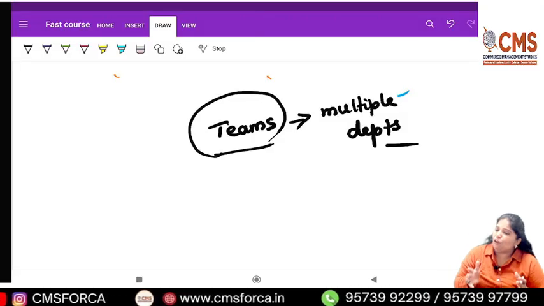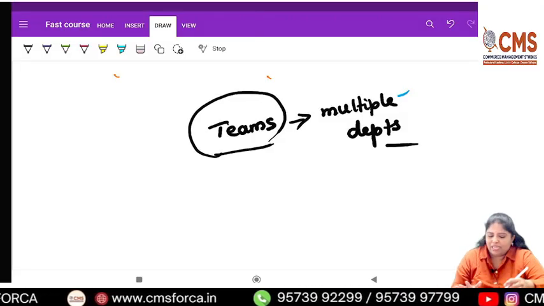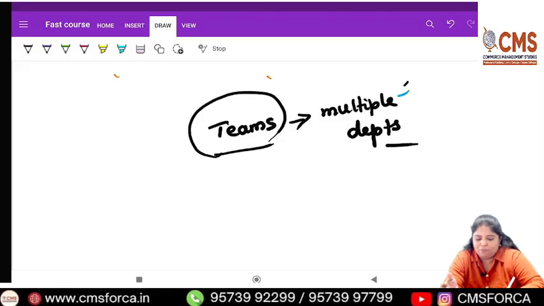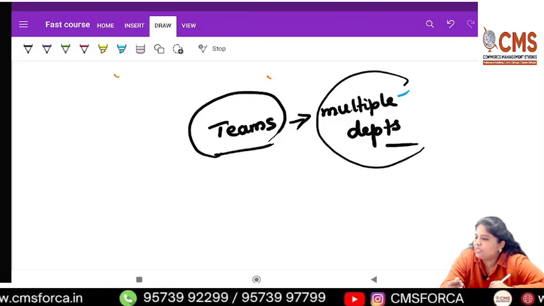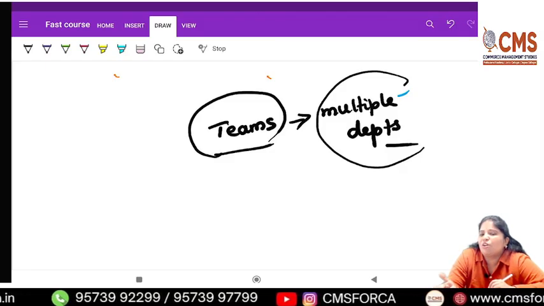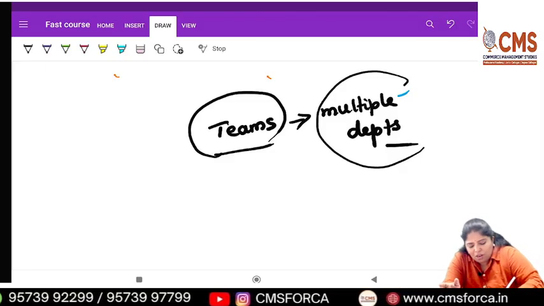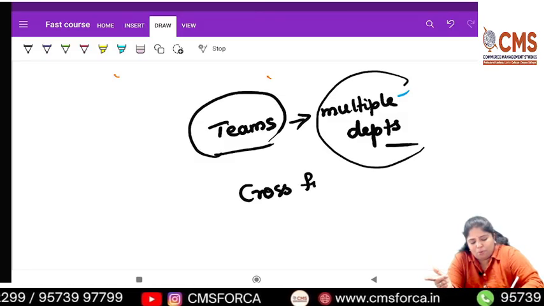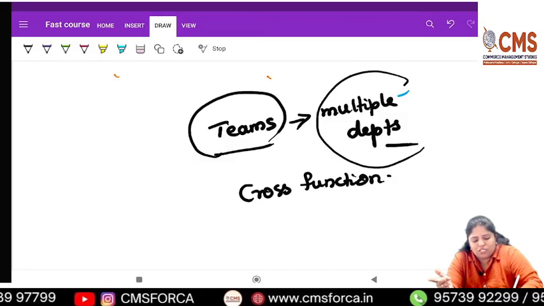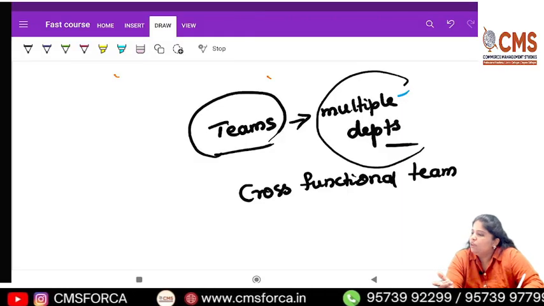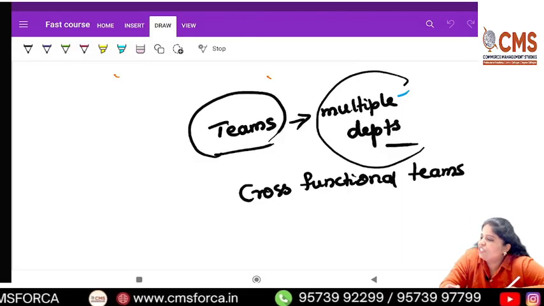Like this, I can form a team with employees pulled from multiple departments. What we call cross fertilization. We can use the more appropriate word, cross functional teams. What do you mean by a cross functional team?